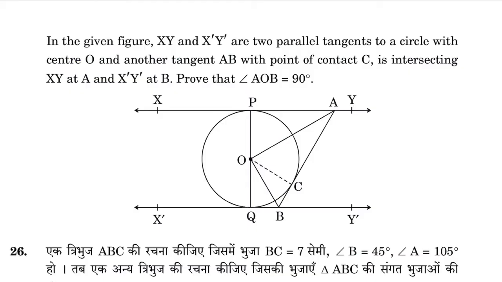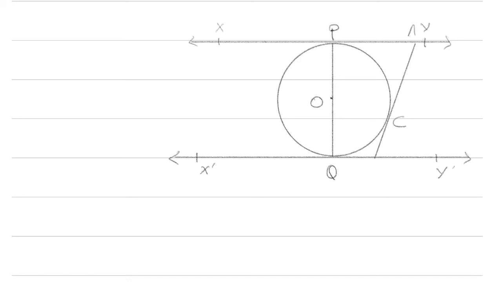Question number 25. In this question, we have a circle and we have two parallel tangents, XY and X dash Y dash. This is the diameter PQ, center O, and we have another tangent which is touching the circle at C, and this tangent is intersecting XY at A and X dash Y dash at B. Join this point.